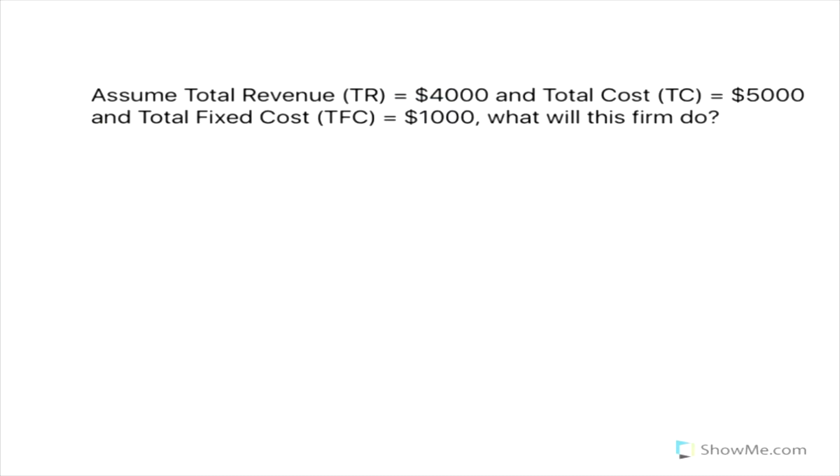Now, moving on to another example, let's say another business approaches us and gives us different information and asks us if they should shut down or wait it out and stay in business. So they've given us the following information. Total revenue is 4,000.